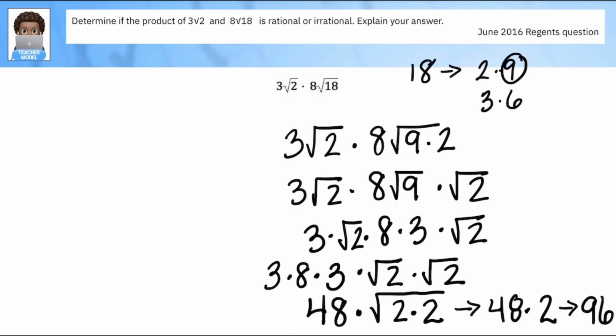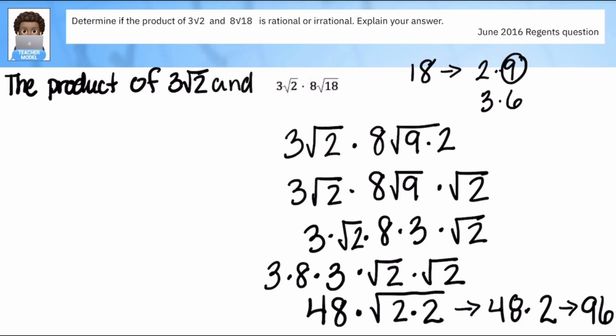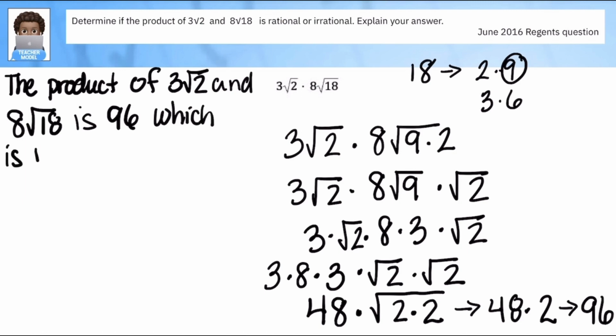This answer would be rational. The product of 3 square root 2 and 8 square root 18 is 96, which is rational.